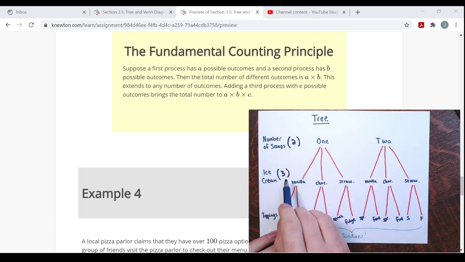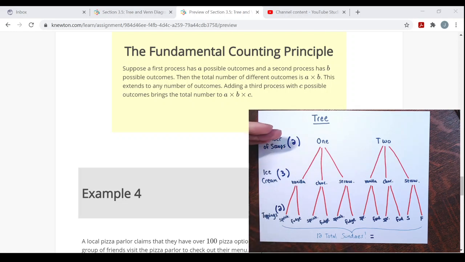There were 3 choices of the flavor, vanilla, chocolate, strawberry. And then there were 2 choices of topping, sprinkles or fudge. And remember at the end I said there were 12 total sundaes, right? Because again, I'm doing these processes back to back to back like this.